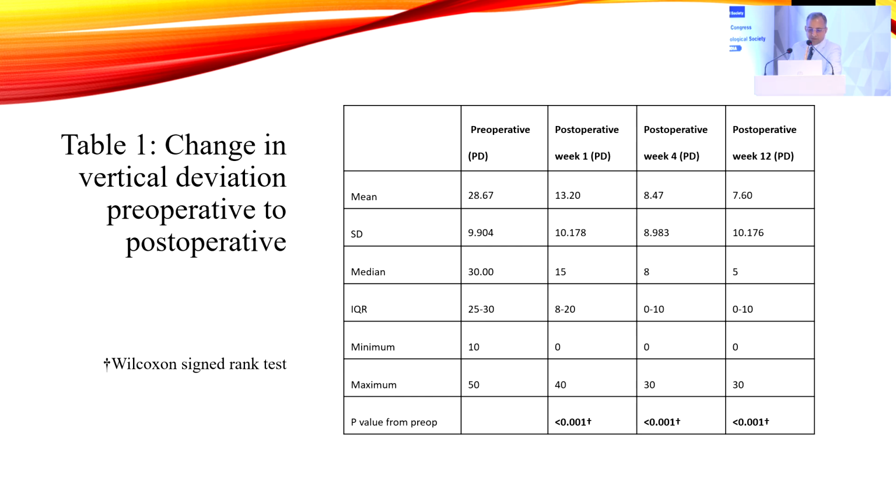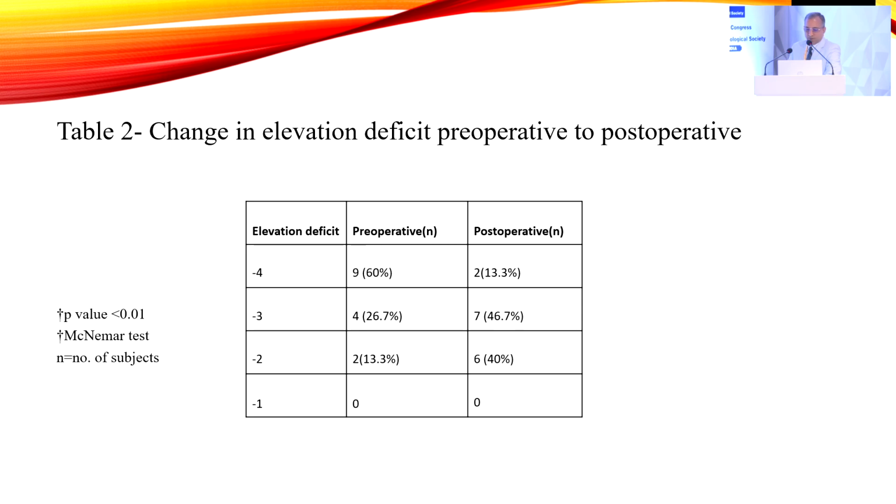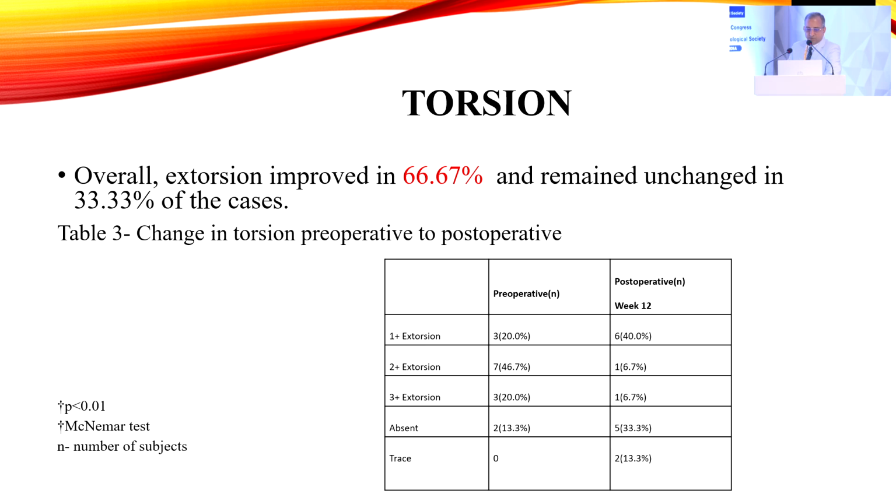These are the changes in vertical deviation, preoperative and post-operatively. There was improvement in elevation deficit also. This is the table showing change in elevation deficit. There was improvement in torsion in approximately 66% of the patients.